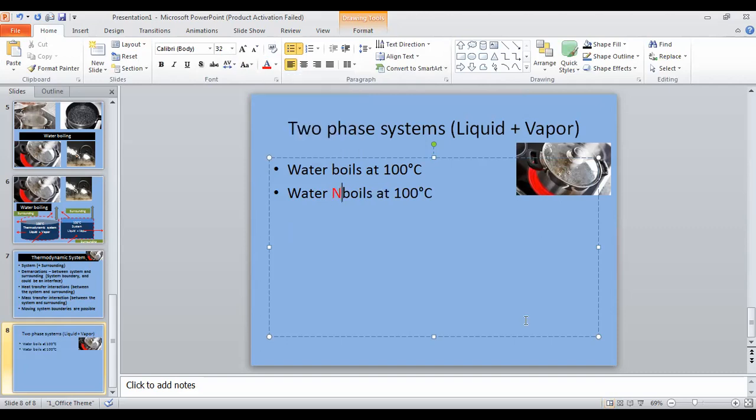So I will add a word here. Normally. Normally boils. So normally means under atmospheric conditions.